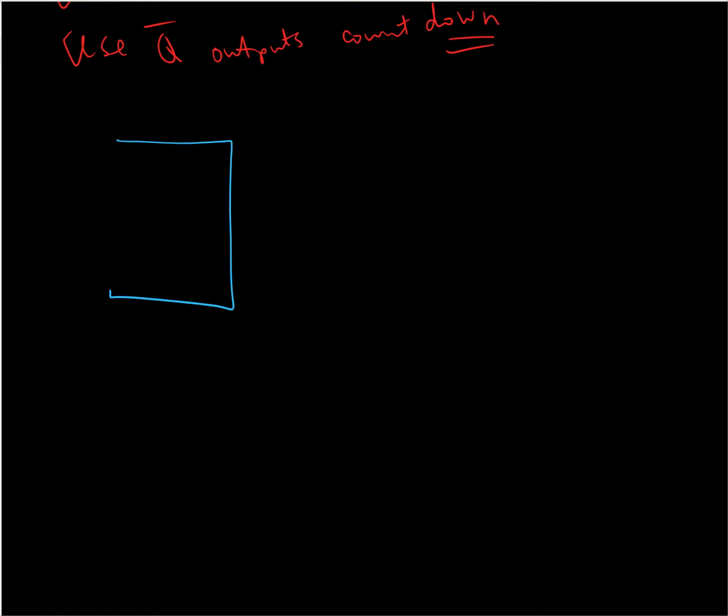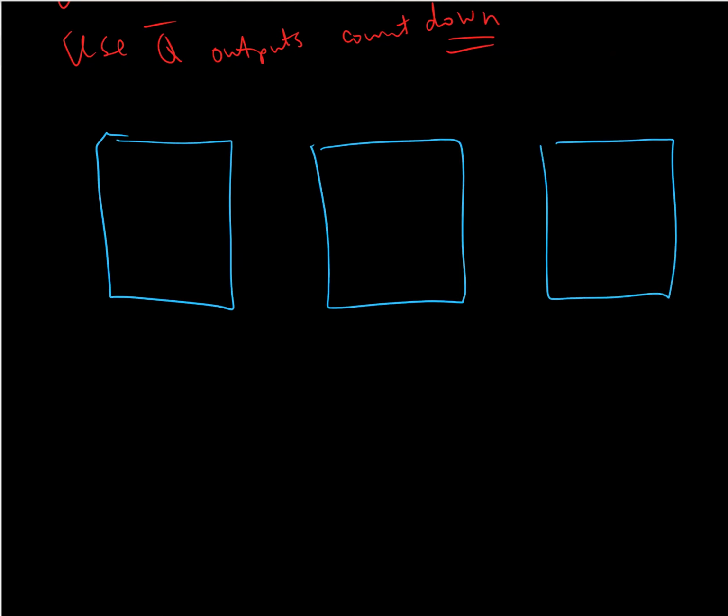So if it's a 3-bit count, I'm going to have 3 flip-flops. They're negative edge triggered. Inputs J and K, outputs Q and Q bar.